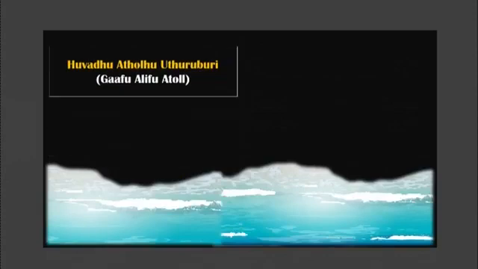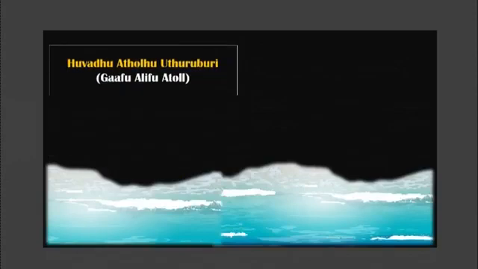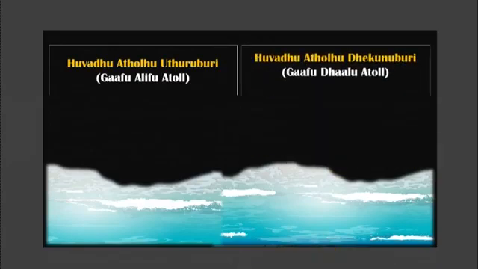And the official name of Gaafu Alif Atoll is Huvadhu Atoll Uthuruburi. And the official name of Gaafu Dhaalu Atoll is Huvadhu Atoll Dhekunuburi.